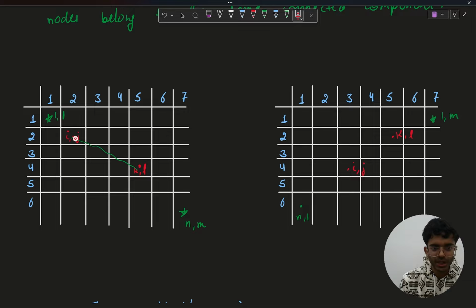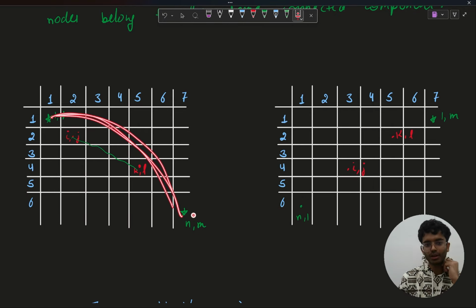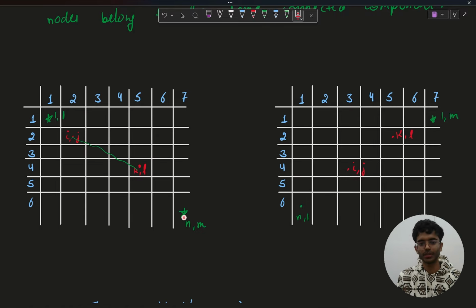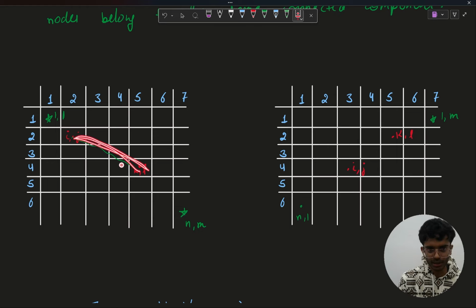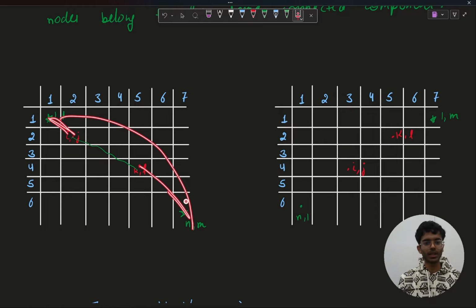Right. So instead of checking this with this, can we simply connect them up if they can be connected? And if all of them are connected, that means they belong to the same component, right? So what I essentially mean is if these two can be connected, then this and this can also be connected.